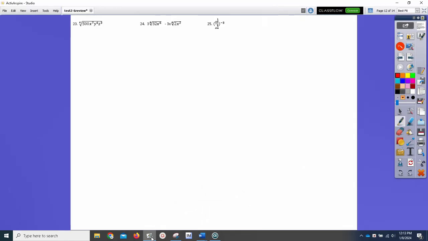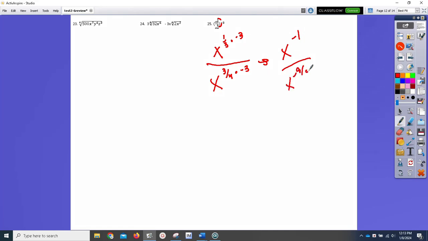There's a couple ways of doing this, but what I usually do is I distribute the outer exponents first. When you talk about x to the 1/3 times a negative 3, over x to the 3/4 times a negative 3, the numerator becomes x to the negative 1st, and the denominator becomes x to the negative 9/4.